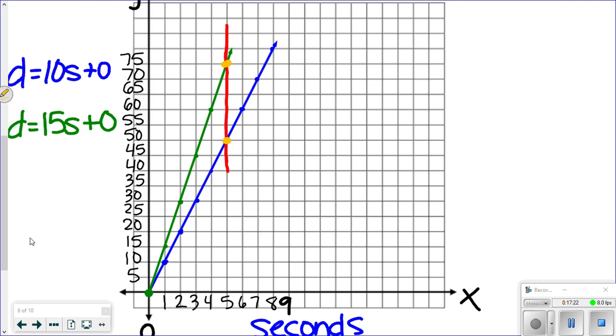So Jerome is at 75, Sumi is only at 50, so the difference between those is 25. But again, we're looking for our intersections points, the low number and the high number, after 5 seconds.